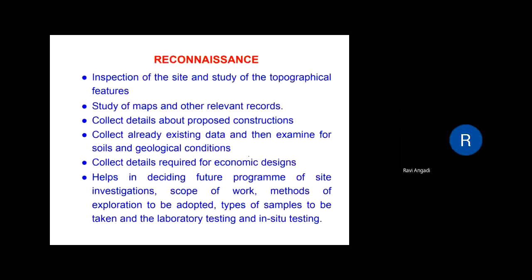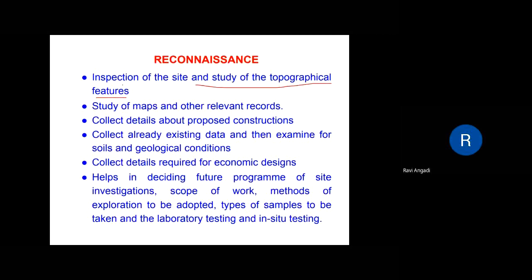So let us start with the first one, the reconnaissance survey, how it will be. Generally, the person in charge of the subsurface exploration, the geotechnical engineer, makes a visit to the site for a careful visual inspection. What information should he get when he visits the site? He should inspect the site and study the topographical features.